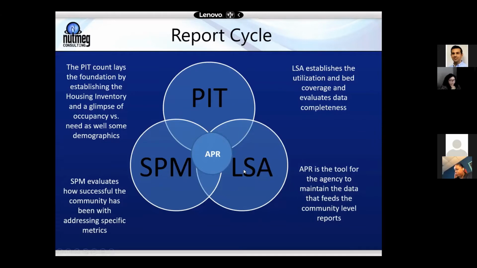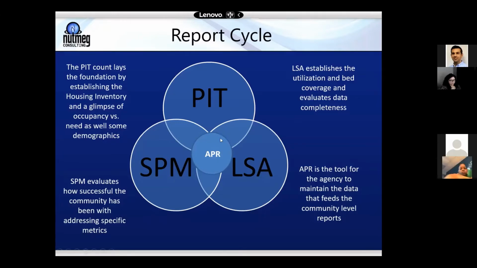SPM and LSA are looking very closely at data as it relates to the individual clients and how that data is impacting specific categories. We're going to talk about those categories as we move through. PIT is more along the lines of making sure that you have entries and exits done, housing move-in dates done, and you have an accurate count of the number of beds that you have available for your overall population of people.